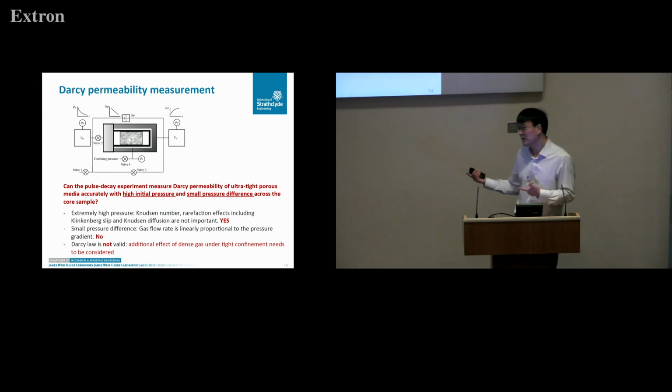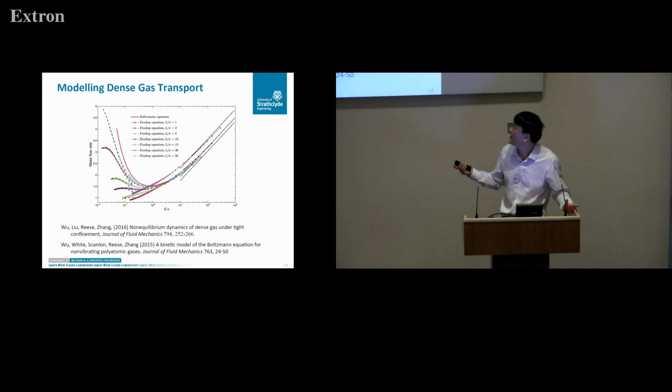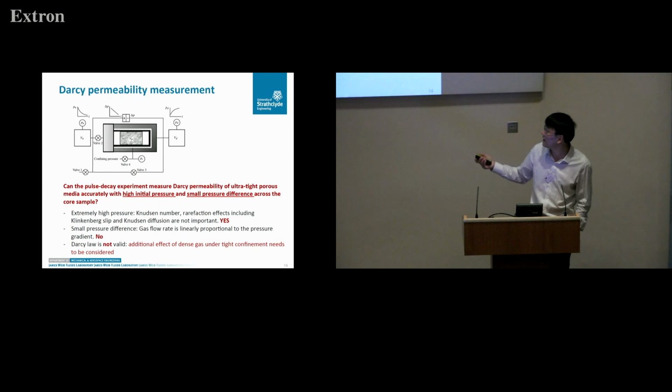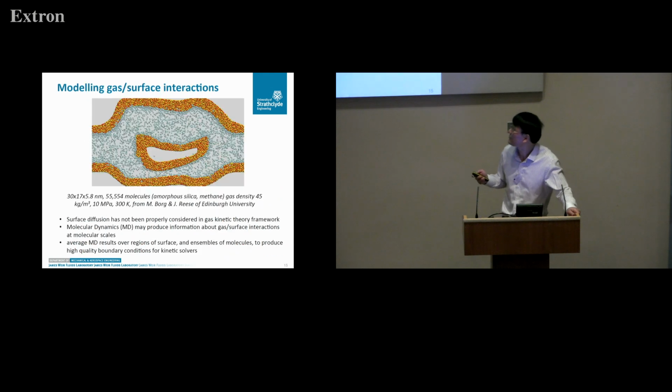But actually, it's not right, because this is dense gas, and the confinement effect can affect the mass flow rate dramatically. So if you apply Darcy's law type of theory to analyze the data, it will give you very wrong results.